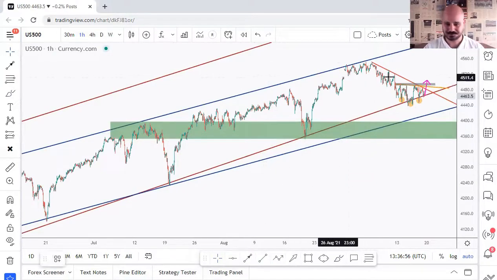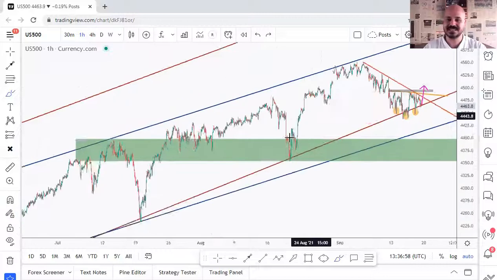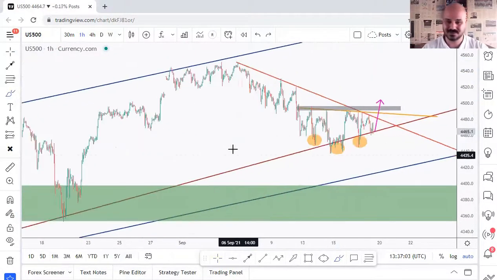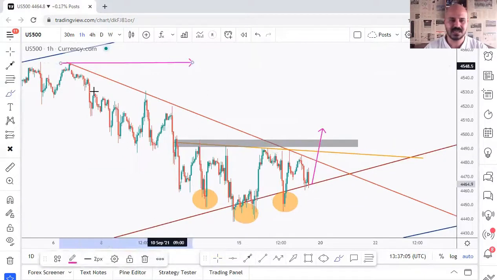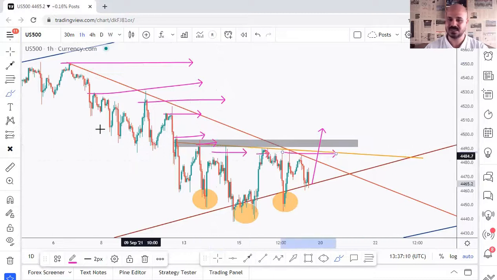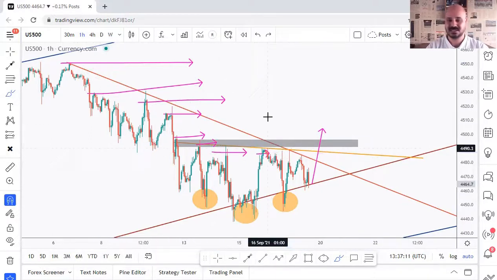But for now, especially after breaking below these lows here, the sellers are in control from a short-term perspective. And you can see it: lower high, lower, lower, right? So the bears are still in control.